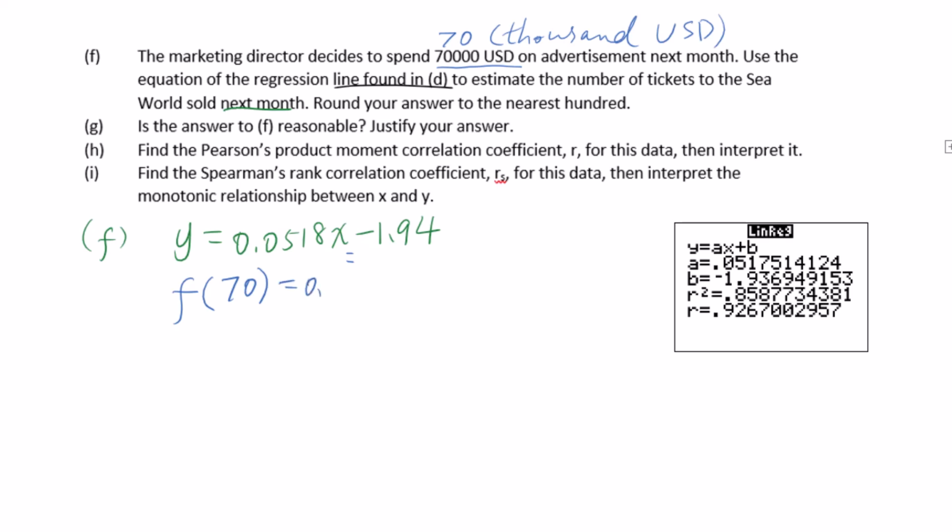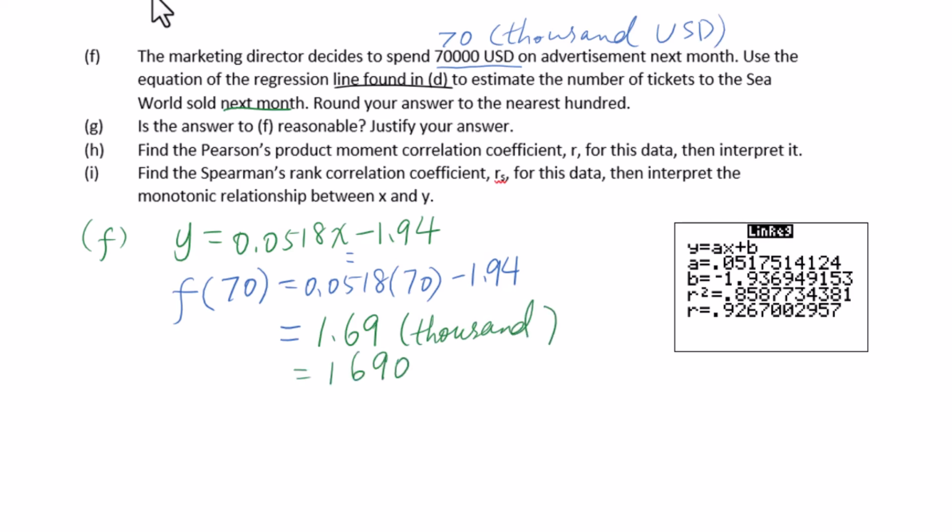So we get 0.0518 times 70 minus 1.94. We will get 1.69. Remember the unit, it's thousands, so it will be 1690. Since we need to round the answer to the nearest 100, we can write down 1700.